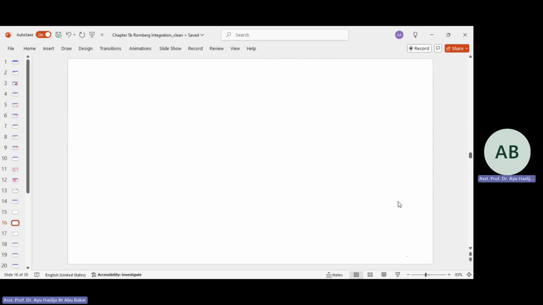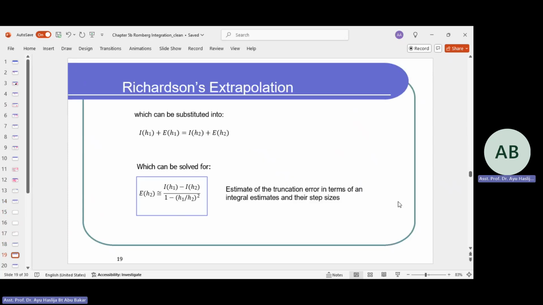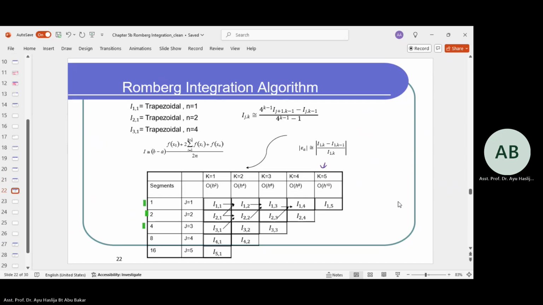Wait, before that, I think I should explain this one first, the numbering over here. This one.